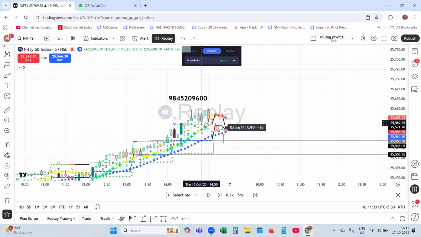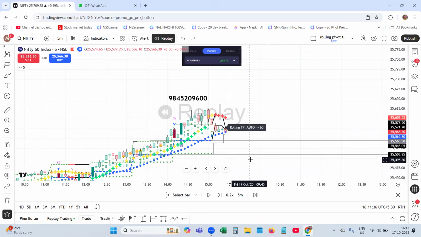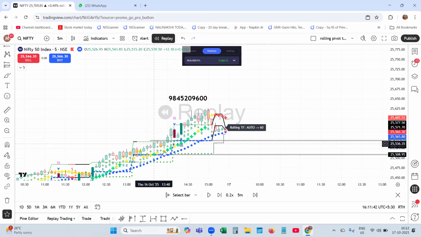That's why you need to mark the support zones. I'm taking as supports the last hourly balance line and the one before it. These are the rolling pivots, and this is the last hourly R1.